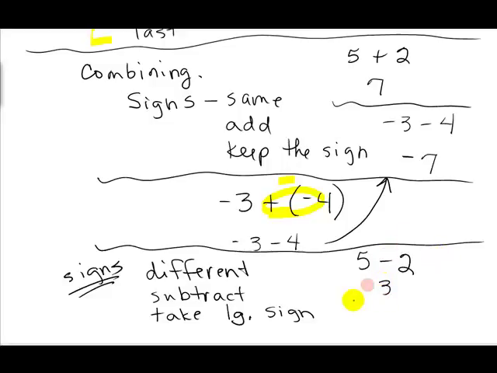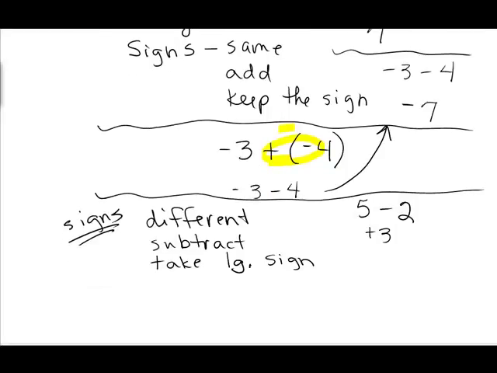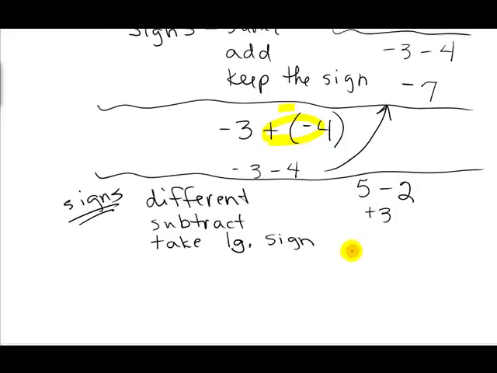We do the subtraction. We look at the numbers without the signs. 5's positive, so my 3 remains positive. If I had negative 5 minus 2, well then those are the same. So I don't want to do that. Let's make this one positive. They're still different, but this time my 3 is going to be negative.